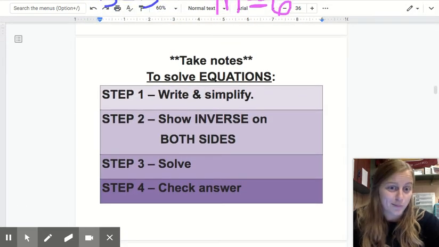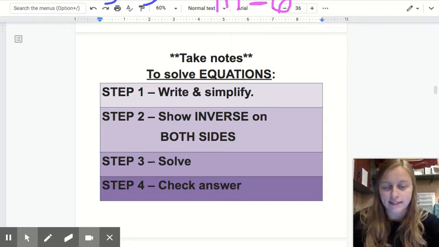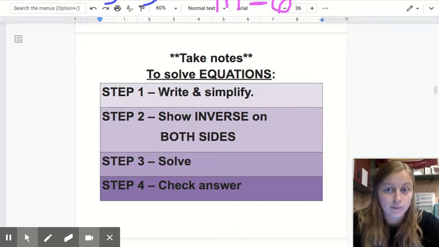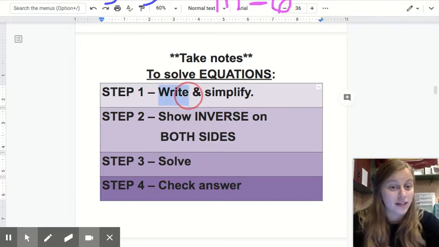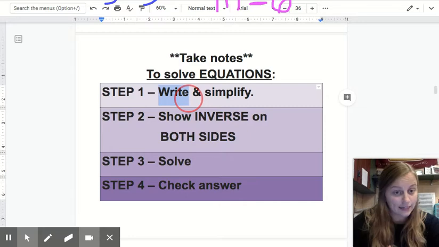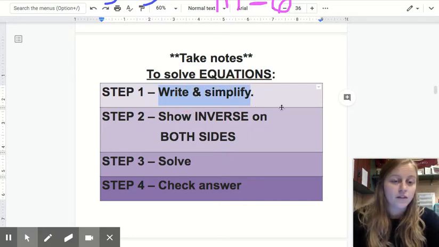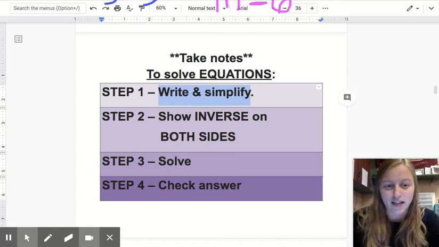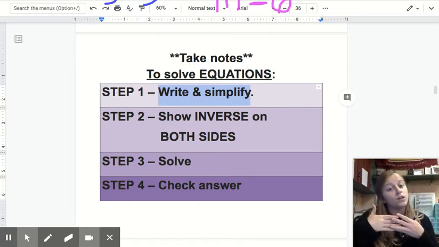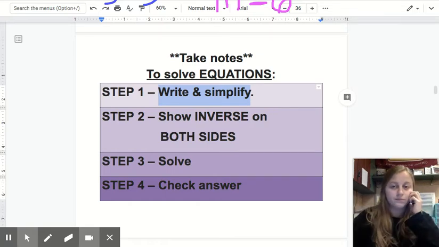Take notes, it says it in big bold letters, so you probably should write it down. To solve equations, first, you write it down, especially if you're virtual. Make sure you copy the problem down correctly. Simplify if you can. Remember, we did combining like terms the last few days. If there's anything you can combine, do that first.